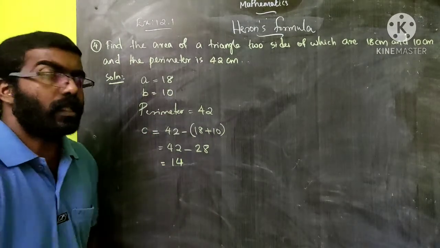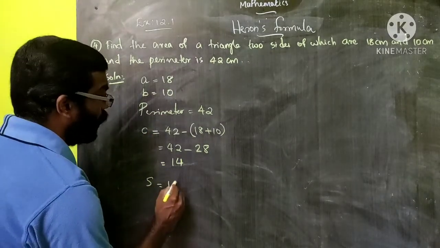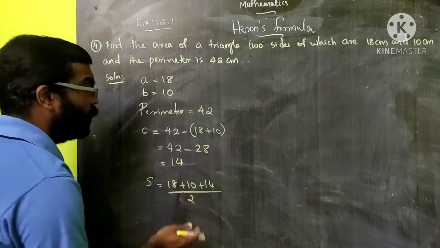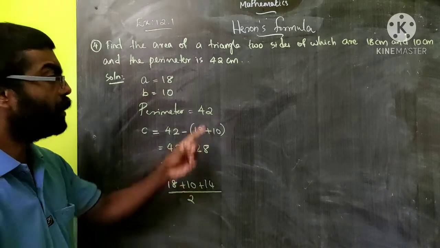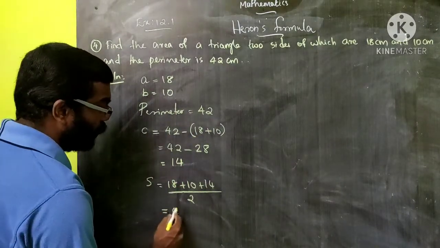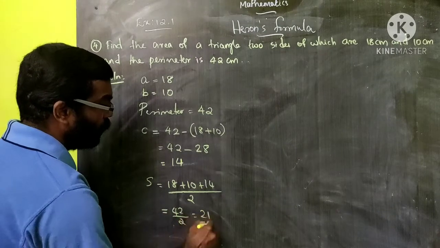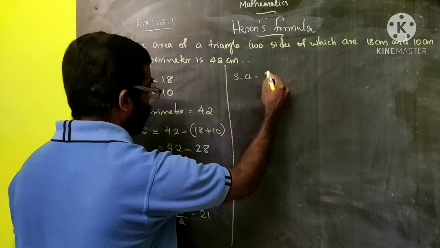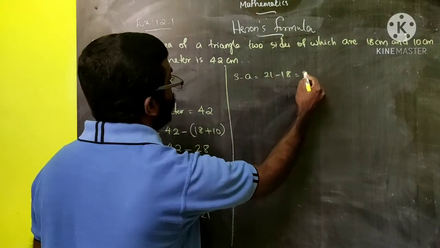Okay. Now we can find the semi-perimeter. S is equal to (A plus B plus C) divided by 2. Or you can directly put the value. Perimeter we know it is 42. So 42 divided by 2, which gives 21. Now S minus A is equal to 21 minus 18, which gives 3.